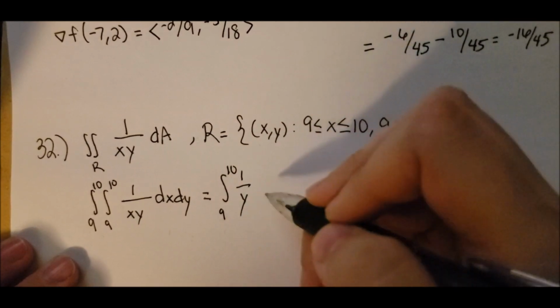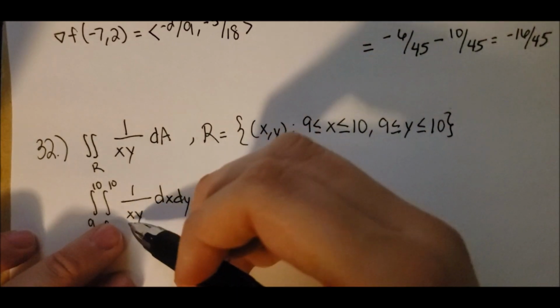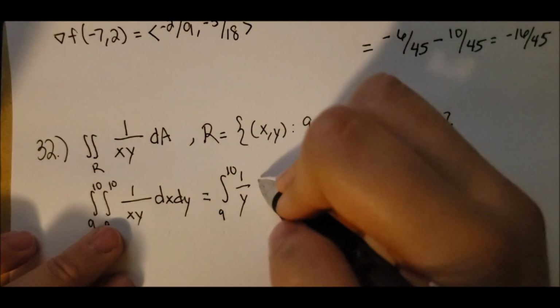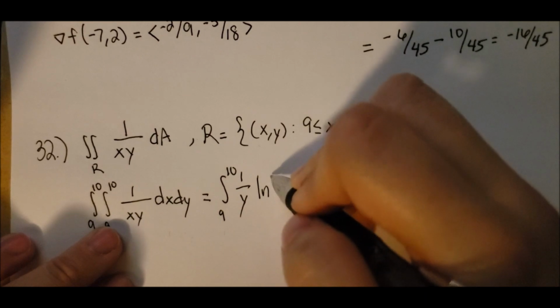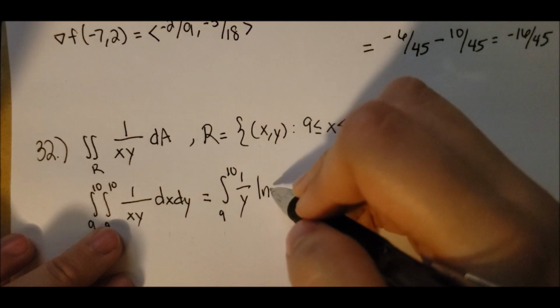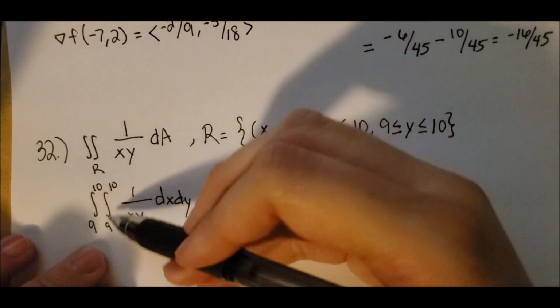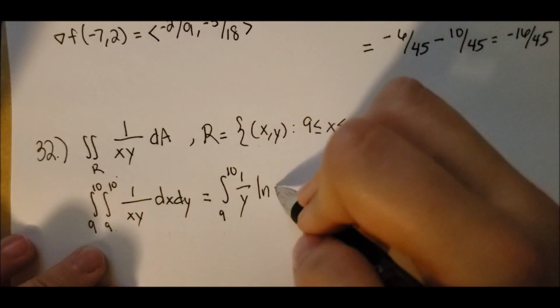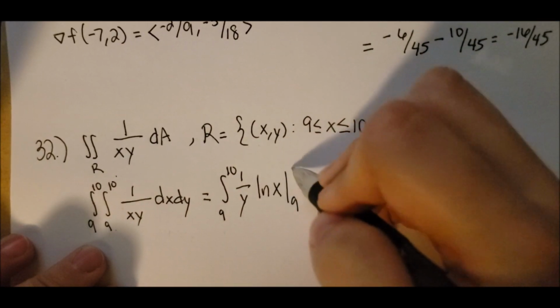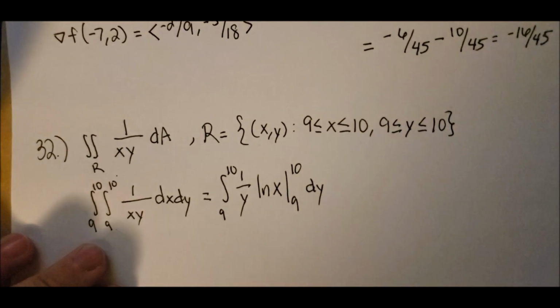So I have 1 over y, and the integral of 1 over x is natural log of x, absolute value, but since I'm evaluating it in a positive region, I'm just going to say natural log of x from 9 to 10 dy.